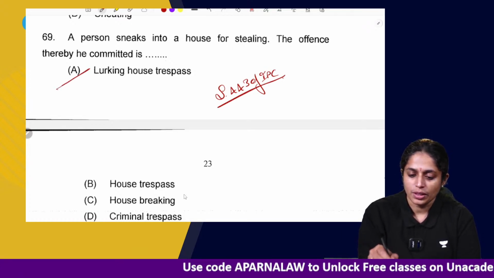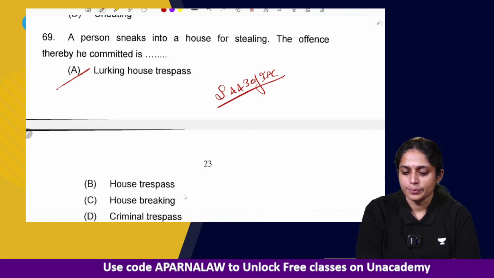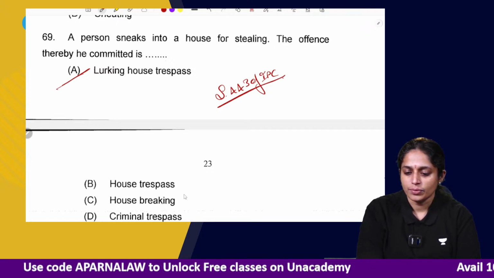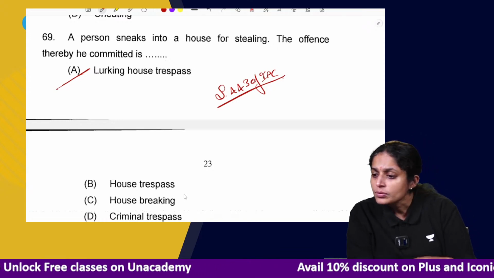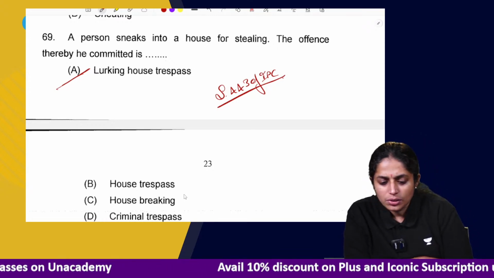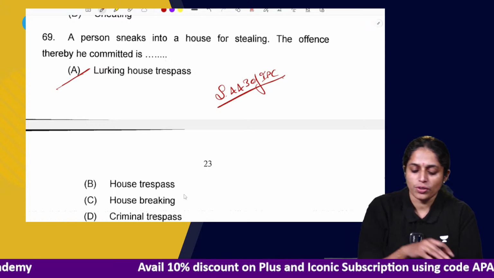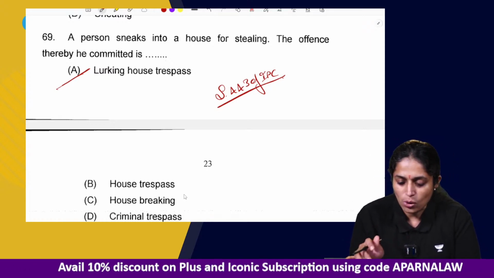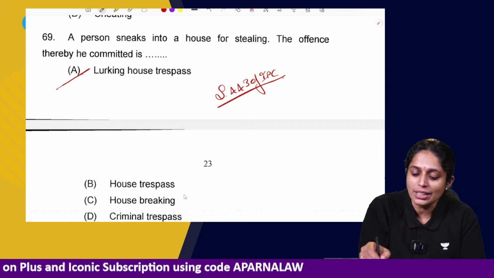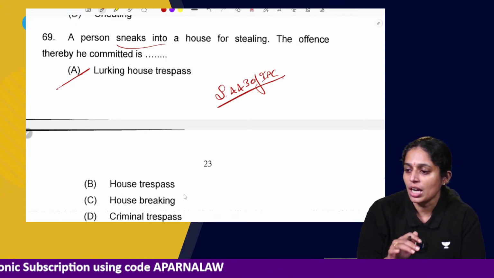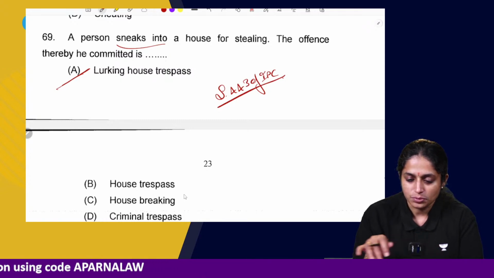That is A. Lurking house trespass, when he sneaks into a house for stealing. Aarti, okay. Yes, both of you have answered C. That is house breaking. Sneaking is something like stealthily going. That is lurking. Lurking house trespass, they say.